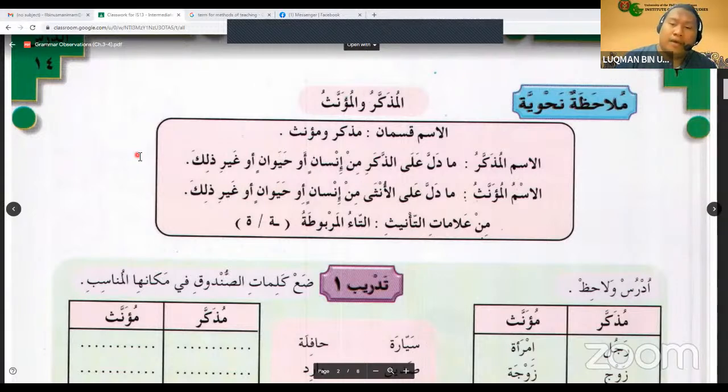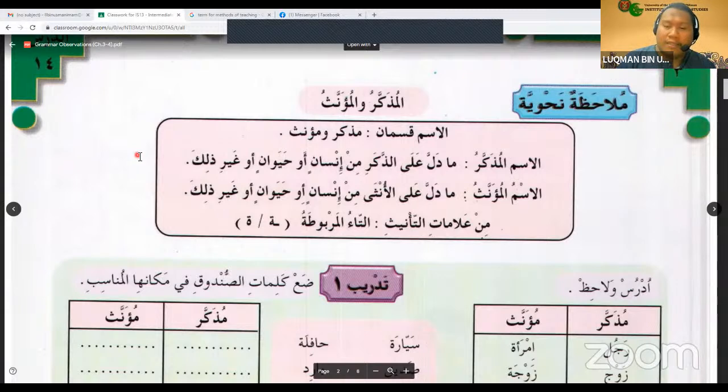So a masculine noun is what denotes masculinity from a person or an animal or others. And a feminine noun is what denotes femininity from people, animals, and others.